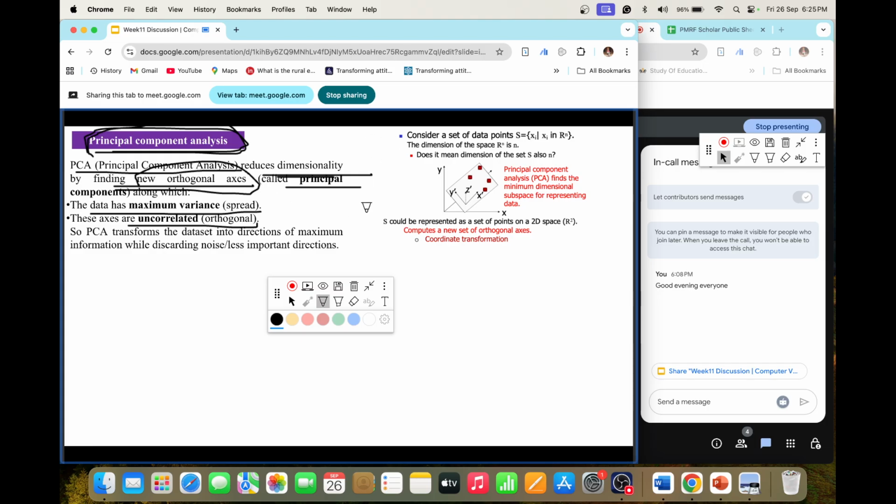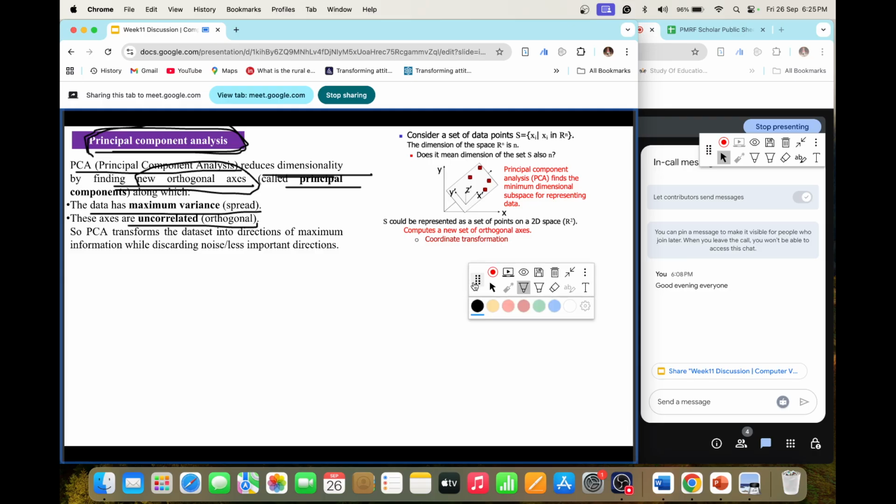The axes that it chooses for the data to be projected onto are known as principal components. These principal components are such that the data has maximum variance, and they are uncorrelated or orthogonal. So PCA transforms the data set into directions of maximum information while discarding noisy, less important directions.